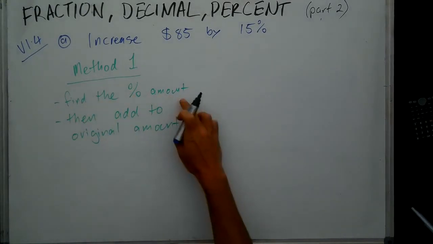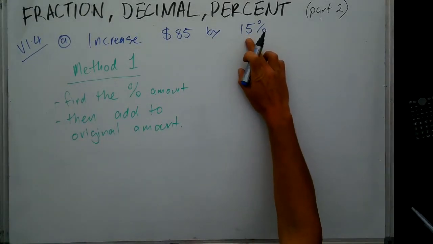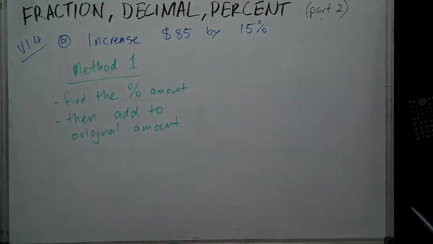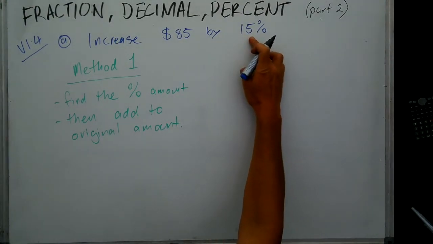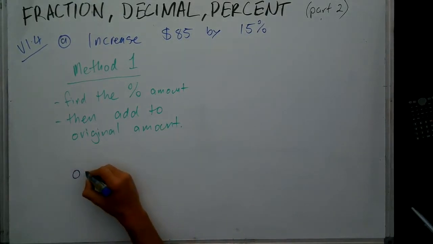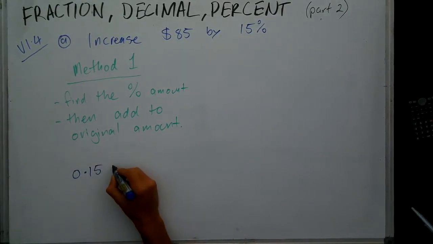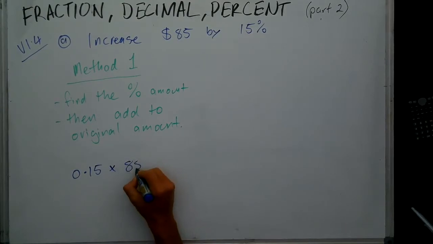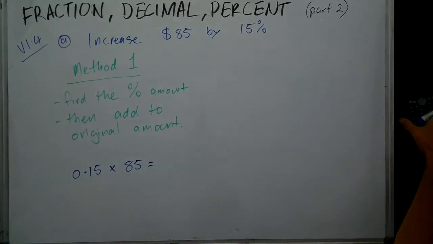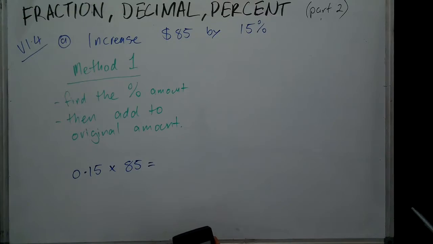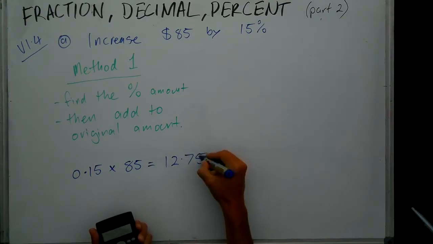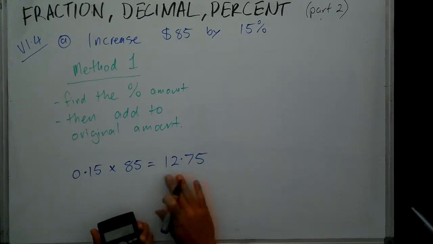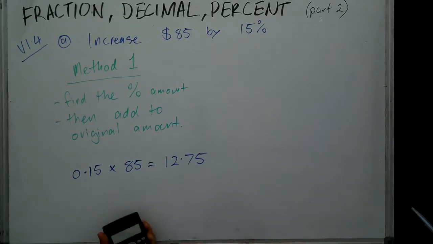To find the percent amount, we need to find 15% of 85. So converting the 15% to a decimal, 0.15 multiplied by 85 equals $12.75. Now I haven't written the dollar yet because it's not my final answer. Save that for the end.